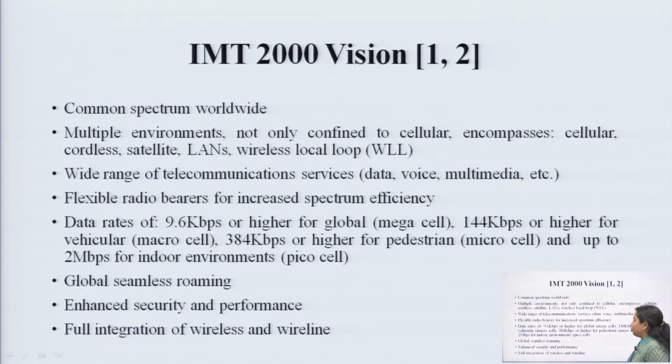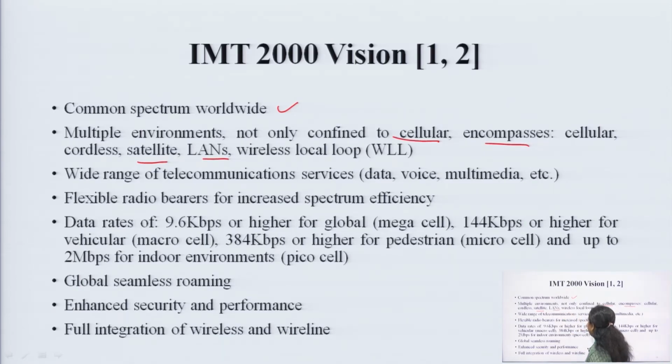Now, this is the IMT-2000 vision. It uses a common spectrum worldwide, and it will support multiple environments, not only confined to cellular. It encompasses the cellular technique, cordless telephone technique, and satellite.